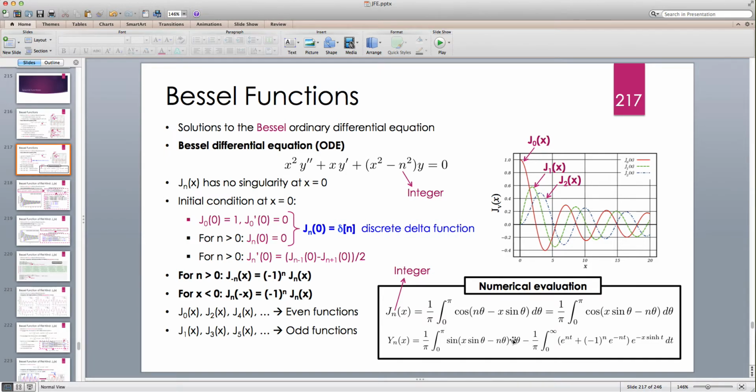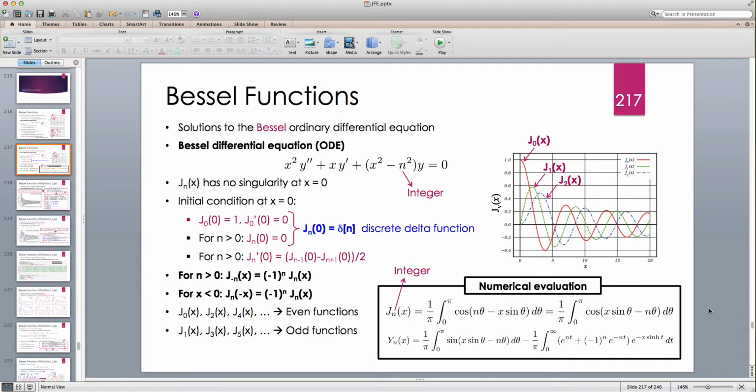So we have minus 1 over pi, 0 to infinity, e to the nt. Remember, n is the index of the function and is integer. Plus minus 1 to the n, e to the minus nt, e to the minus x sinh of t dt. And again, t is the parameter of integration. And the result of this is eventually a function of x.